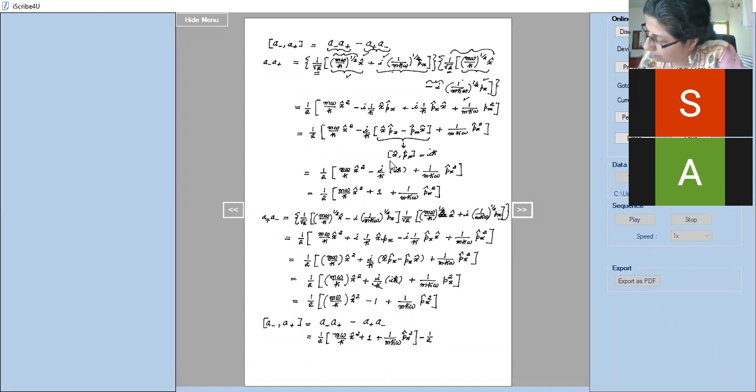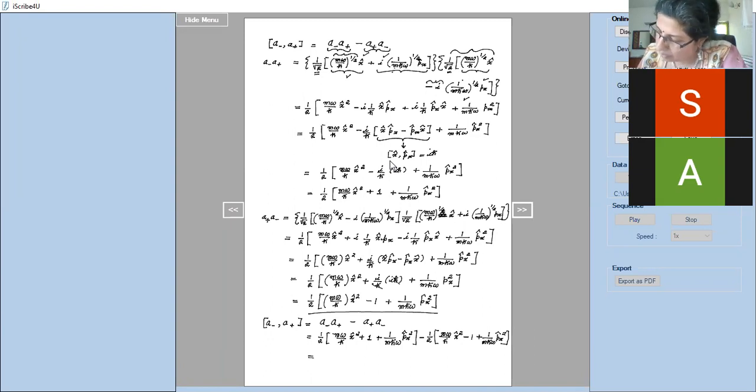Minus half, and then we will need to write this term down, which is nothing but m omega by h cross x square minus 1 plus 1 upon m h cross omega px square. I hope it's not looking too horrible.